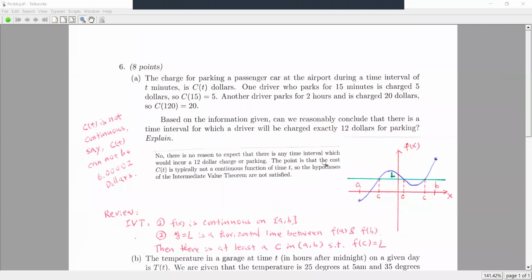Why do I say that the cost function C(t) is not a continuous function? For example, $5 is a function value. The next possible function value will be $5.01.